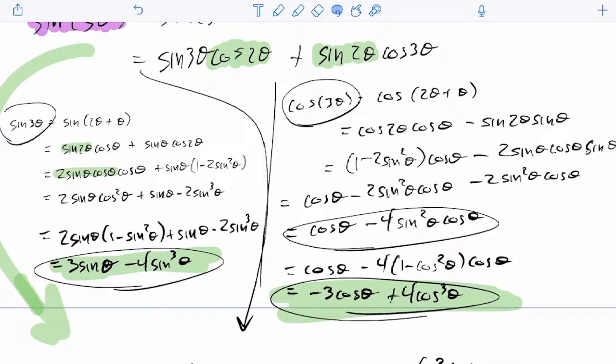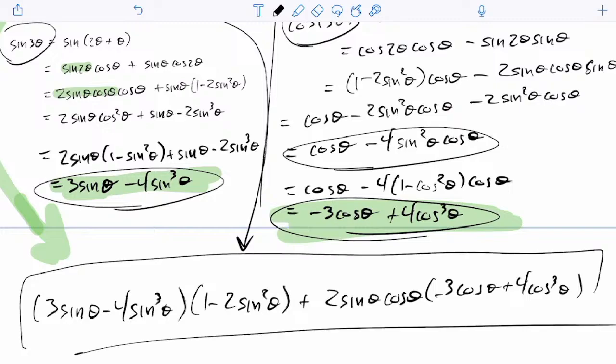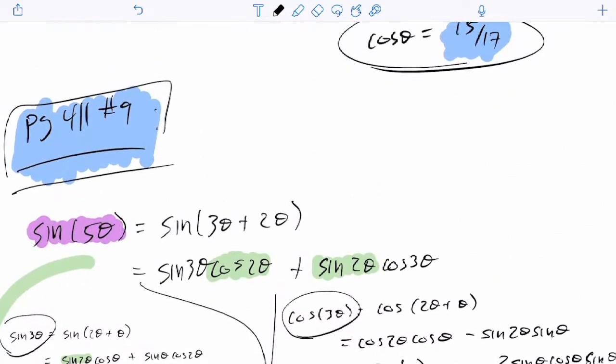Still messy. There's a little more we could do, but this is essentially the answer for that one, sine of 5 theta. I don't think there's a super clean version. You could Google it and see what the final result is, but with a little more manipulation we could get the final answer.